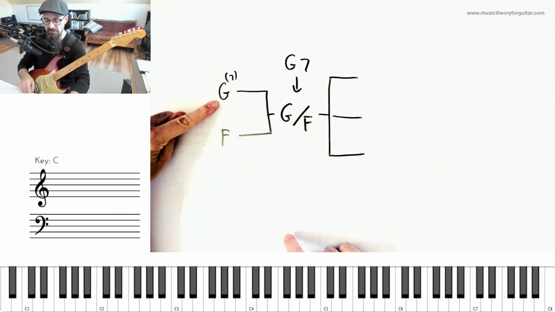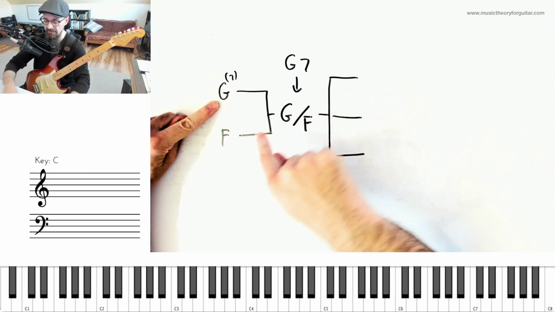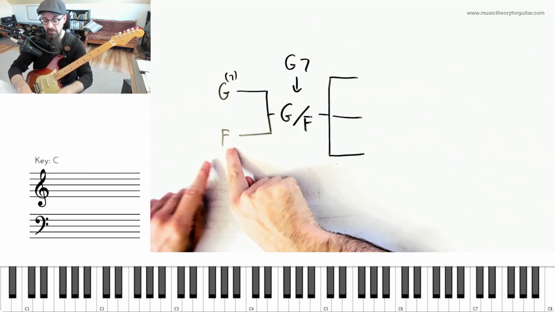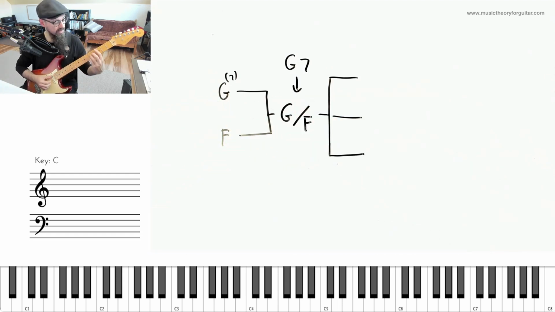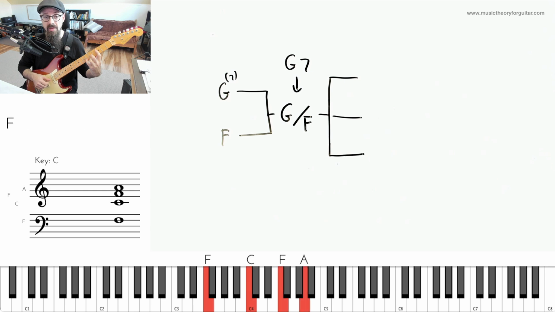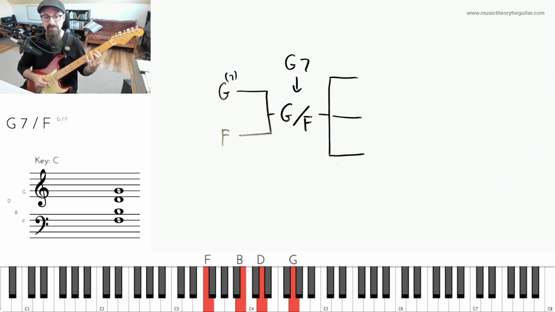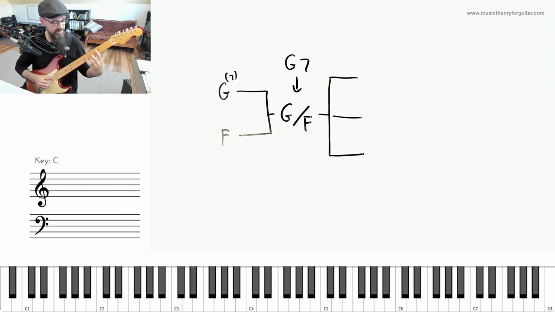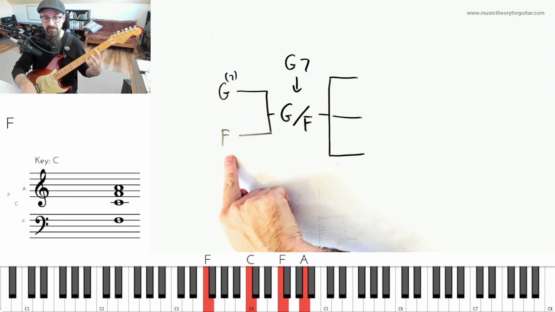Essentially I'm introducing the top part of the chord, the G major, in here. Or I can come from F. I can play C major, F major, again in the key of C, and then G over F. That works because the bass is the same. In F, the bass is F.